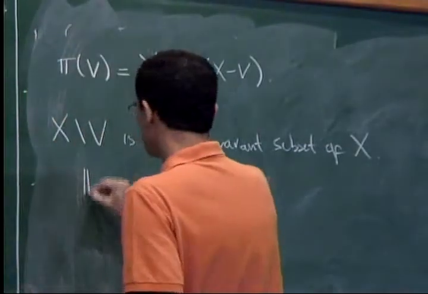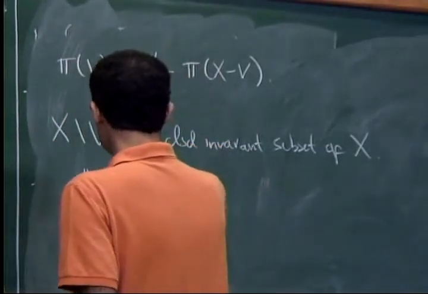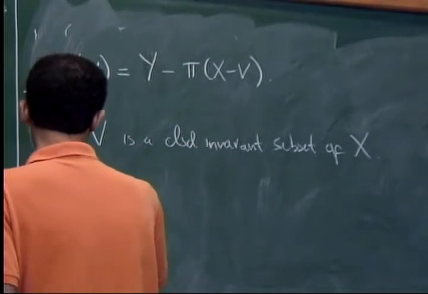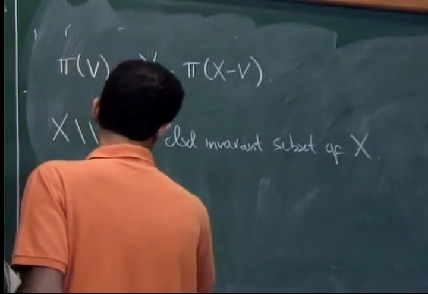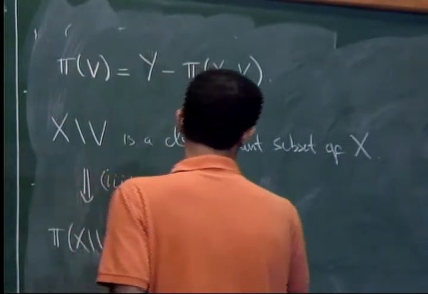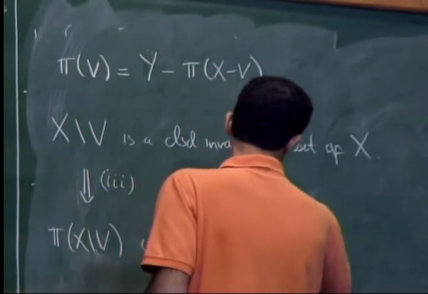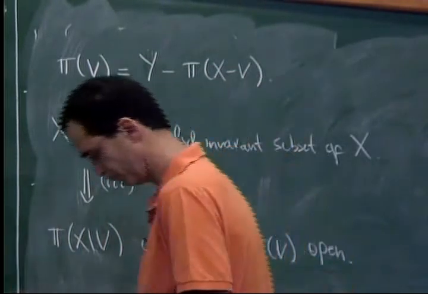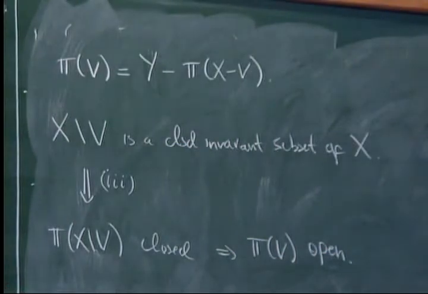So then we use 3 to say that this is closed, and then pi of psi inverse of W is open. Okay, so it's continuous.